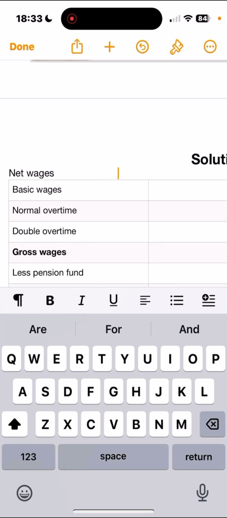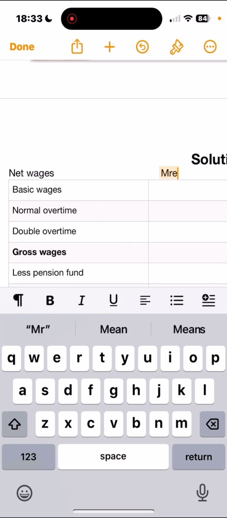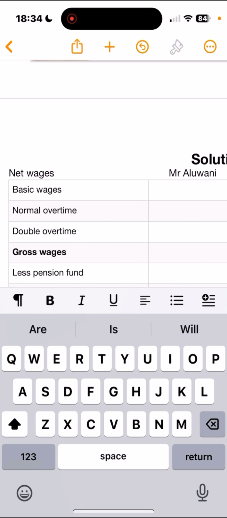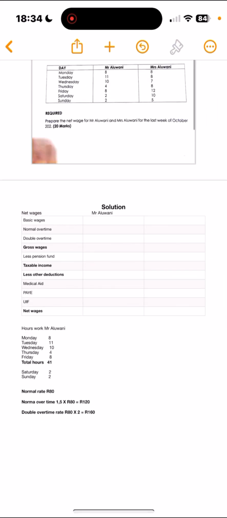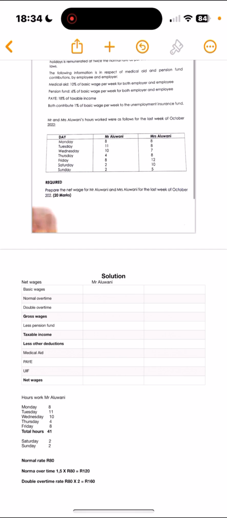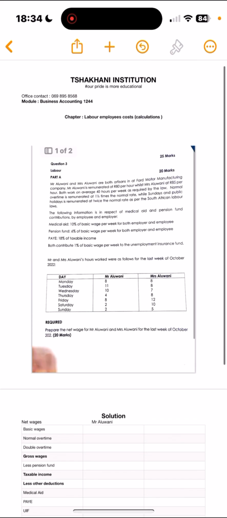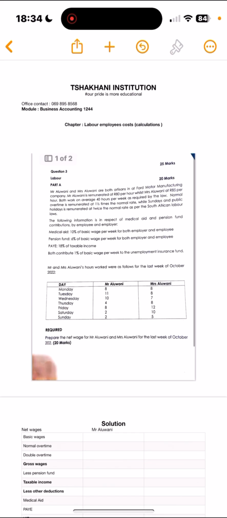I'll only do Mr. Arwani. So now, he's working for 80 rand per hour, and normal hours that are required per week is 40 hours.